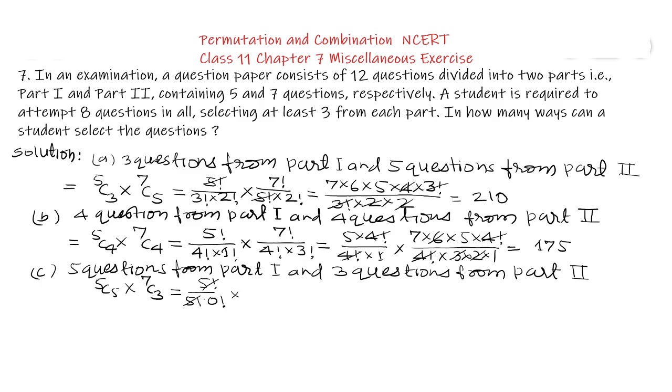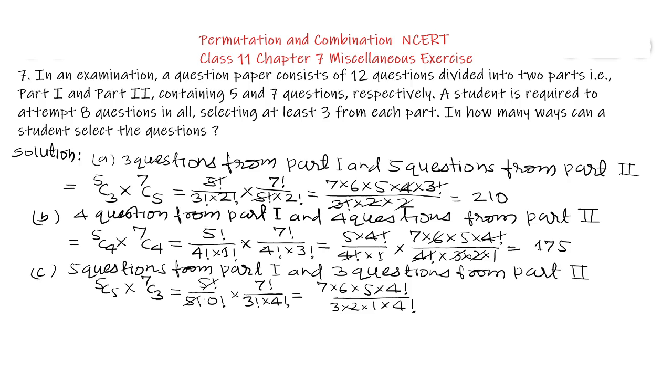And 7C3 can be written as 7 factorial upon 3 factorial into 4 factorial. This is equal to 7 multiplied by 6 multiplied by 5 multiplied by 4 factorial upon 3 factorial can be written as 3 into 2 into 1 multiplied by 4 factorial.